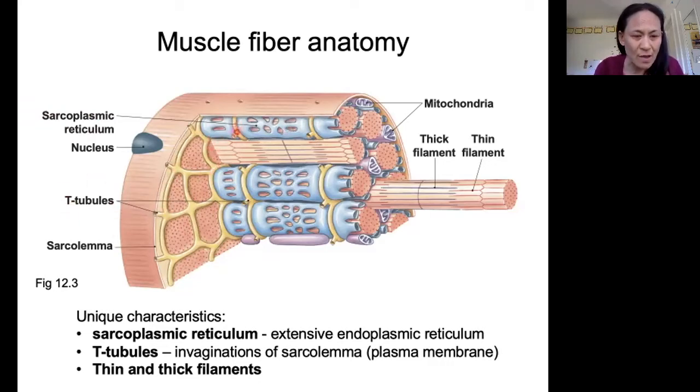That's shown in yellow. Sorry, I guess I should have pointed out the sarcoplasmic reticulum is this blue structure that's shown in blue. T tubules are shown in yellow, and those are actually invaginations of the sarcolemma, invaginations of the plasma membrane. And they exist to allow action potentials to penetrate to the inside of the muscle fiber. So you'll see that in the coming sections, okay?